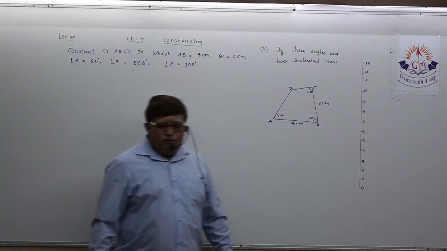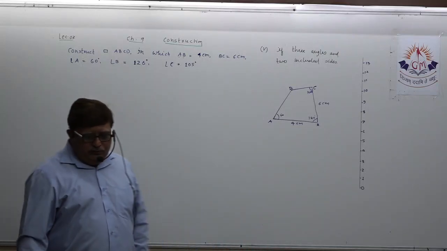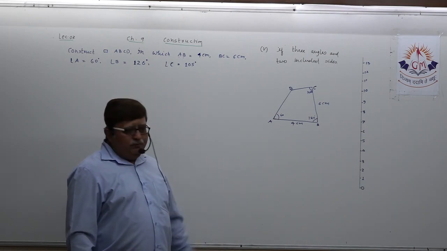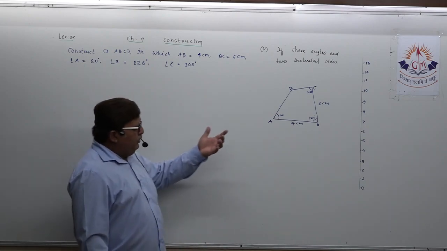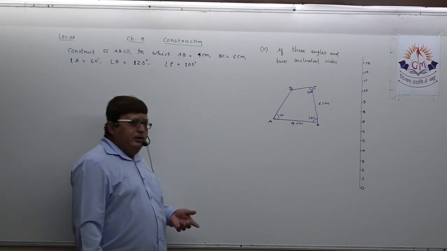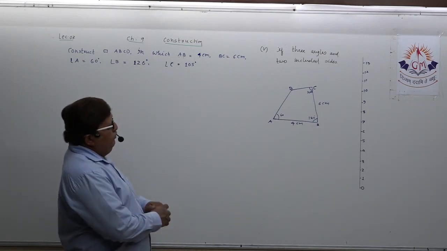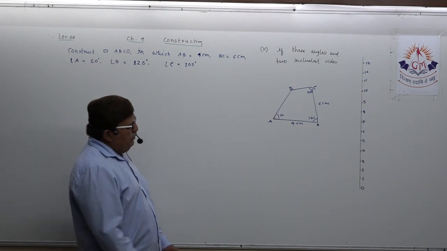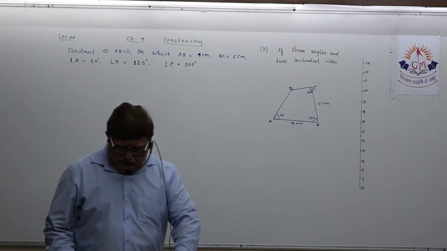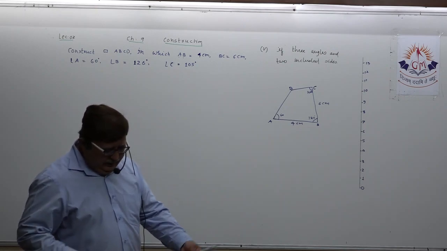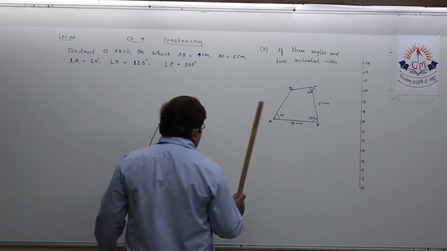That is your choice. There is no specification that you should take this or you should take this, AB or BC, because when you know both the base angles, you can take it. Understood? Okay, dear student. Now let us start constructing the quadrilateral targeting first AB.